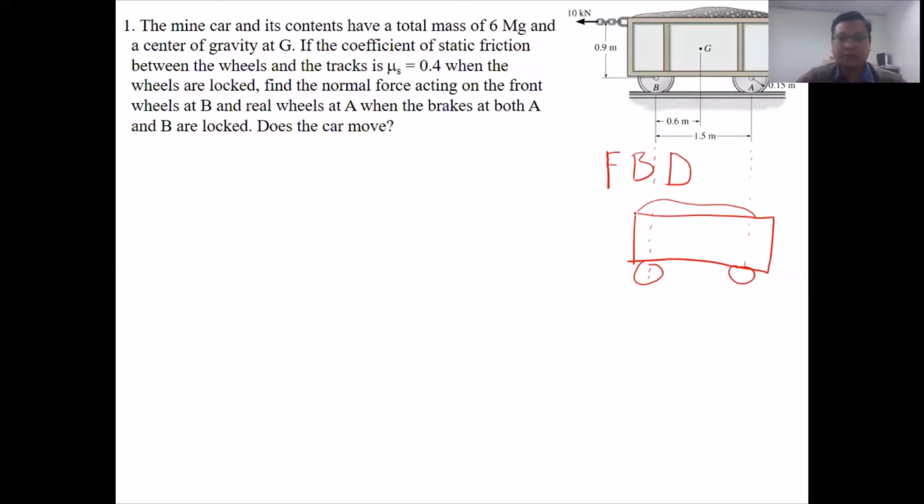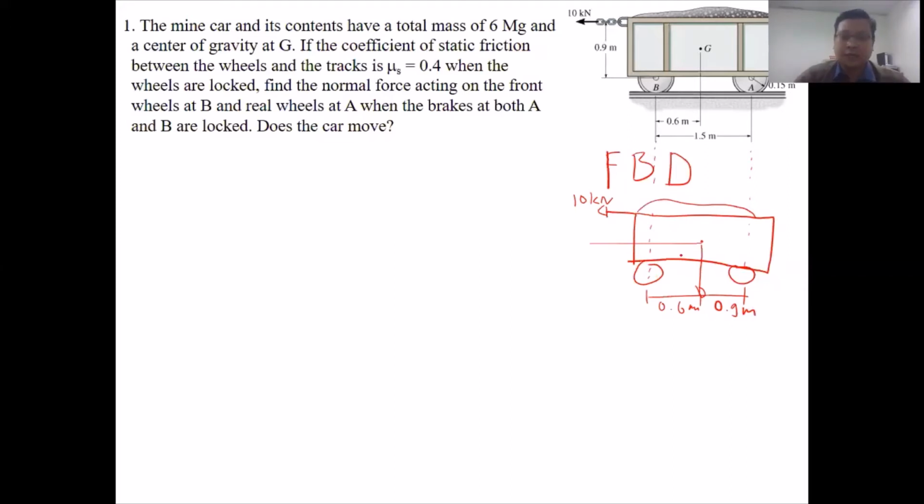We have the force acting, 10 kilonewton, and also gravity at the center of gravity here. We measure down here, and here is 0.9 meter.